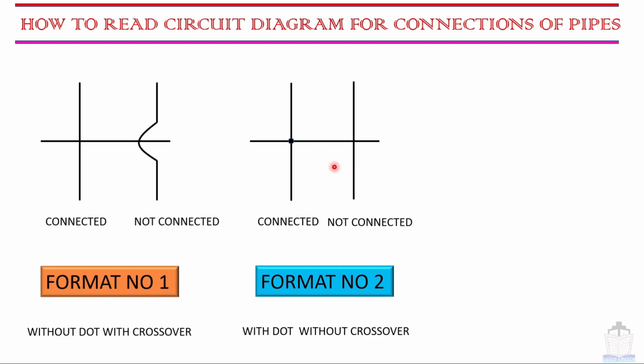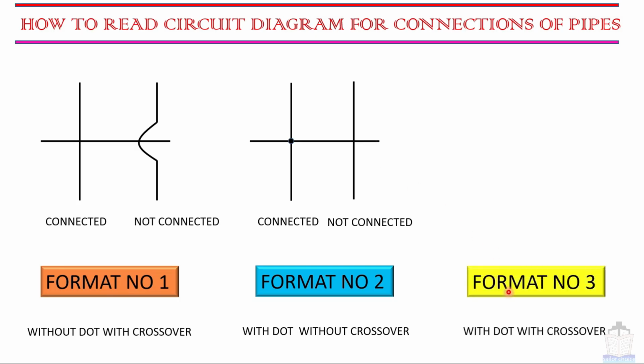Now just see these two pictures. In format number 1, this line and this line did not have a dot but had this crossover. That means we can understand that these two lines are connected and these two lines are not connected. But in format number 2, since the dot is present, it represents that these two lines are connected while these two lines are not connected. That means this line and this line are bypassing each other.